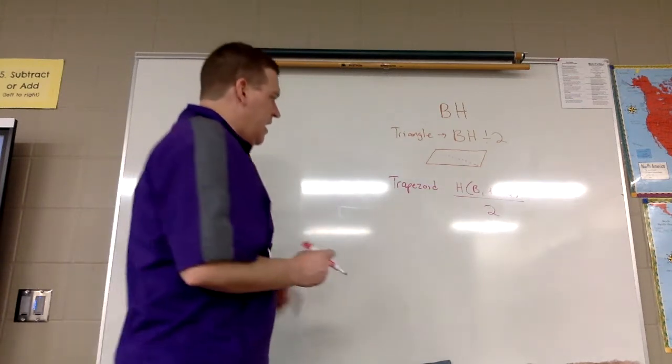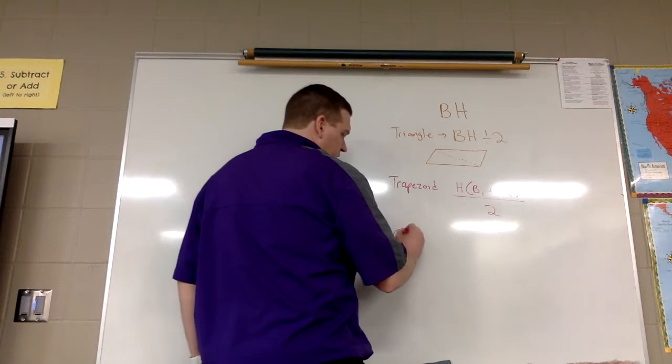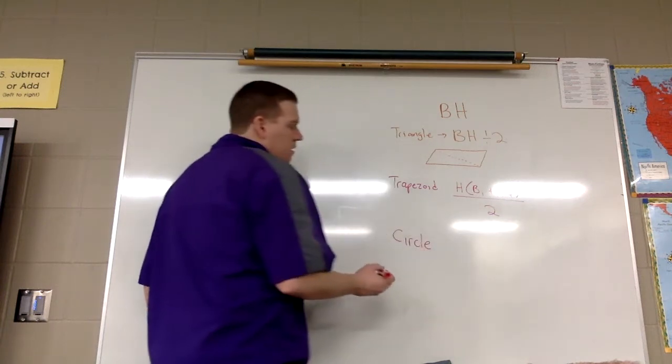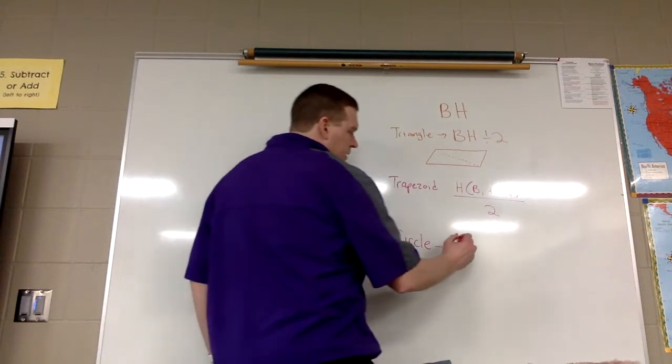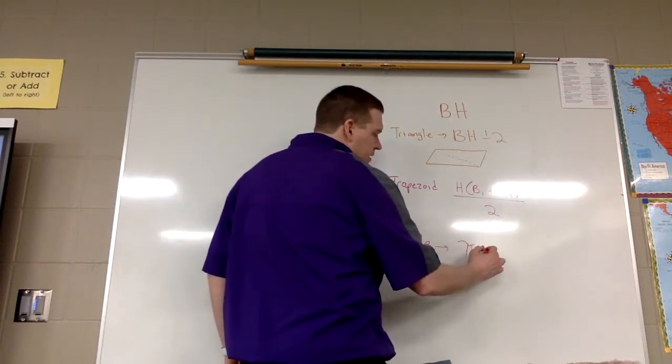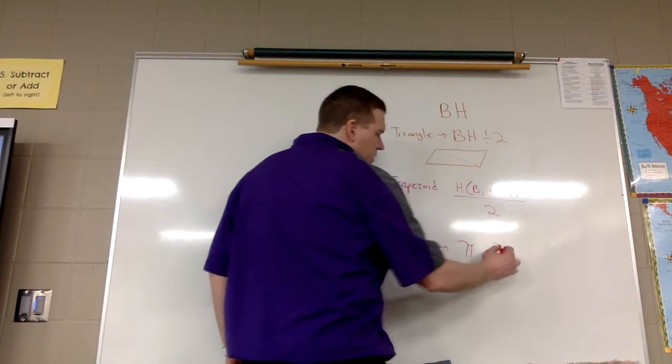And the area of a circle was to take pi times the radius squared.